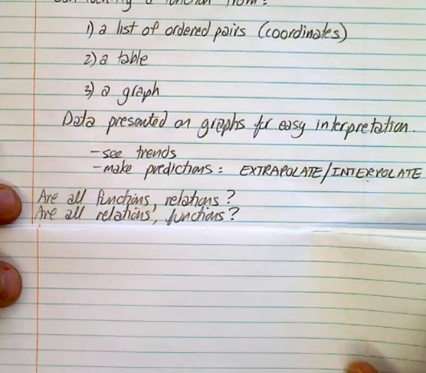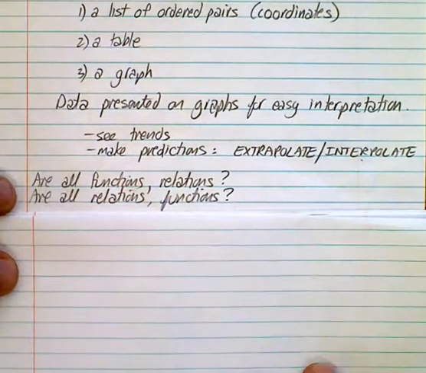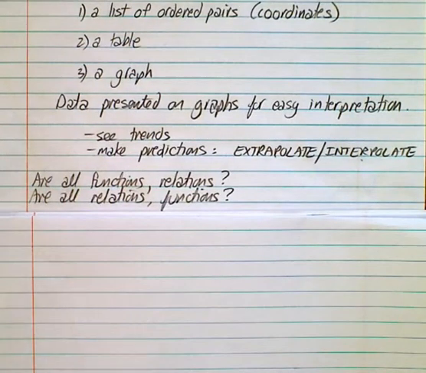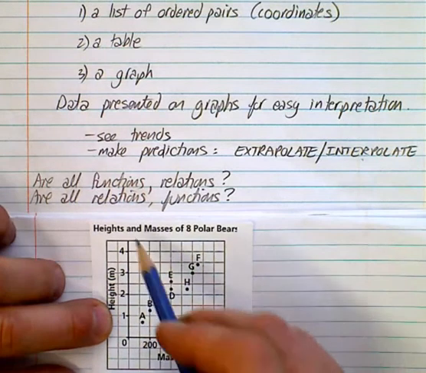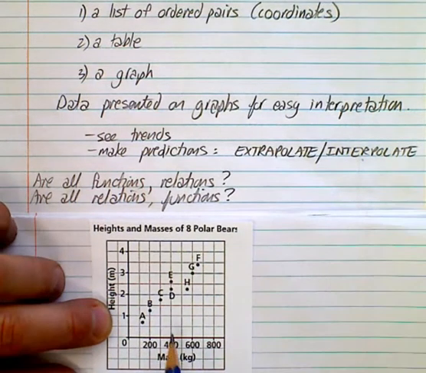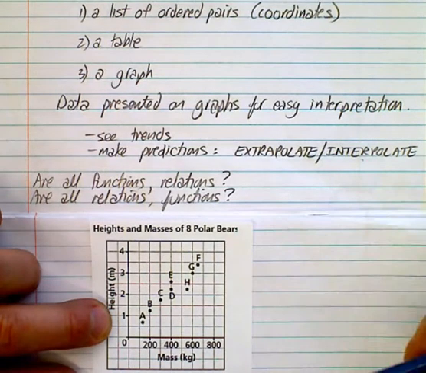Now here's a quick question I'd like to ask you. Are all functions relations, and are all relations functions? Well, all functions are indeed relations because they are a special type of relationship. All relations, however, are not functions. And we know this because if I showed you a relationship between the height and the mass of 8 polar bears, you can see that they have a variety of different masses and a variety of different heights as well.